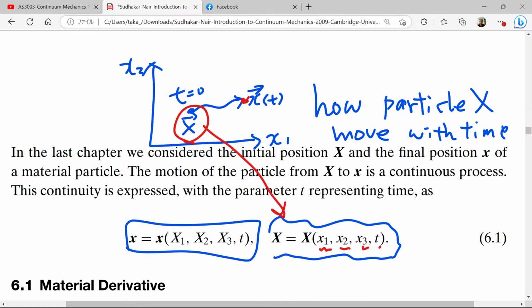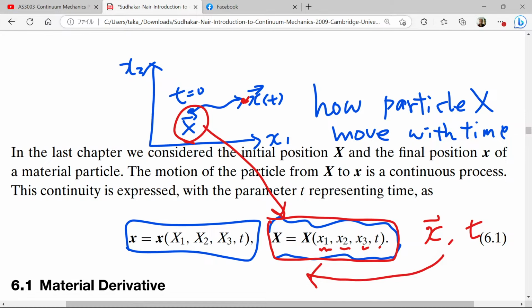That's this one. So the particle X already moved to position small x at time t. Then you can go back in time. As t goes to 0, what is the position of the particle? That's large X.